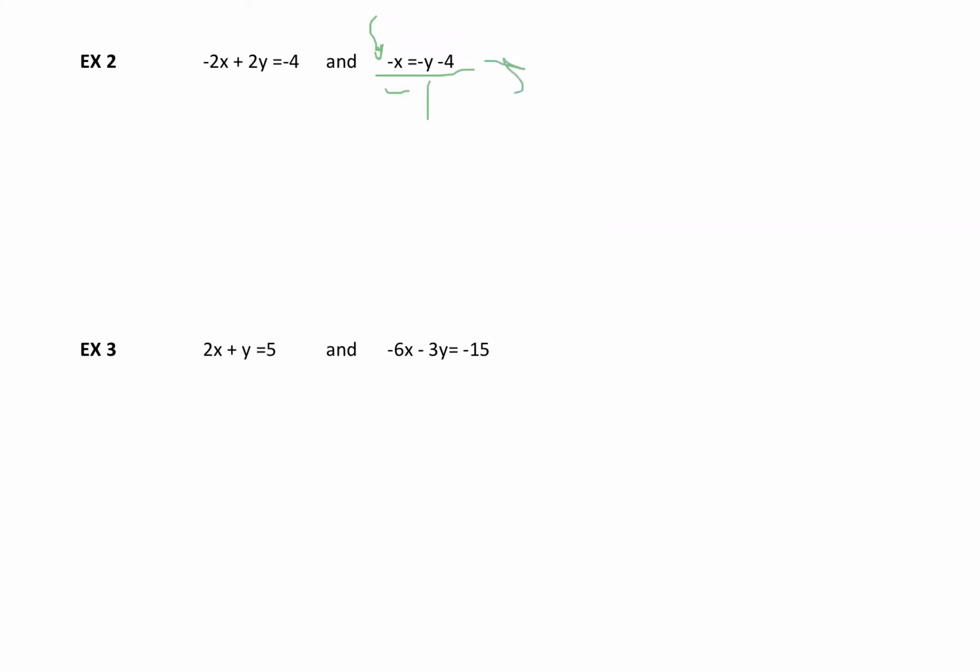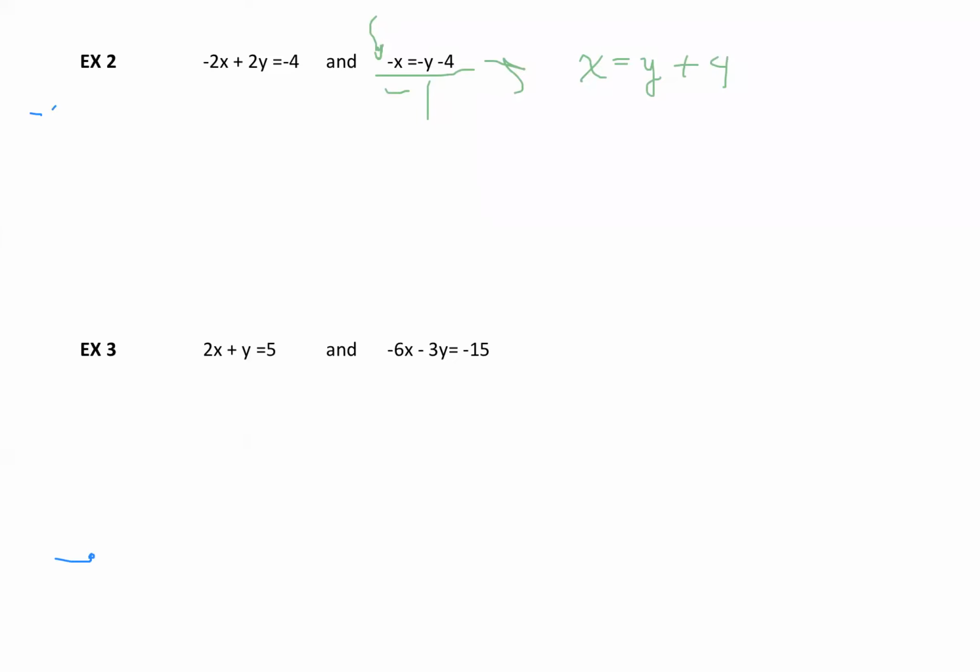Because what that's going to do is give me x is going to be equal to y plus 4. Okay, so I've divided everything by negative 1. Then for my next step, I'm going to take that and plug it into the x here.